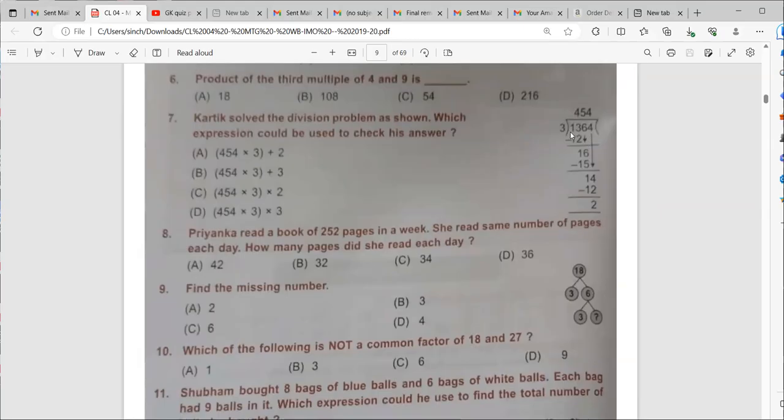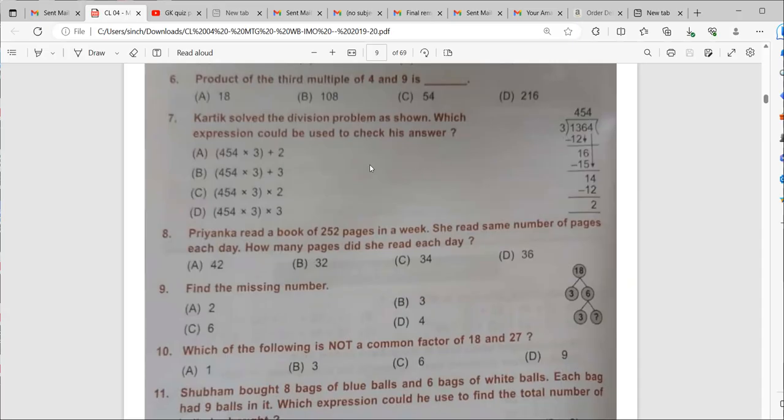Wait, first see, if he has divided 1364 by 3, the quotient is 454. So what does he need to do to find out whether 1364 is his answer? What will he do with 454 and 3? Will he multiply or will he divide? Ma'am, he will multiply.